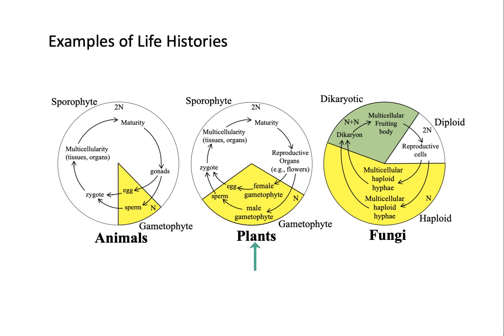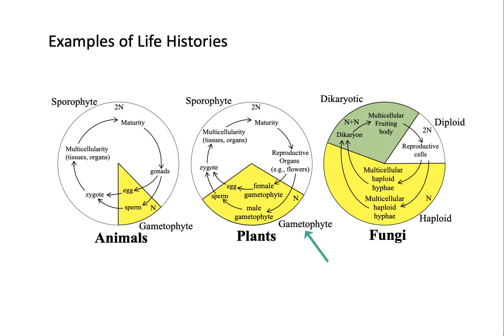For higher plants, most time is spent in the sporophyte. So the trees that you see, that's the sporophyte generation. And most of the cells there, except in the flowers and the cones, are diploid. And the gametophyte is a smaller part of the life cycle, although it's usually multicellular.